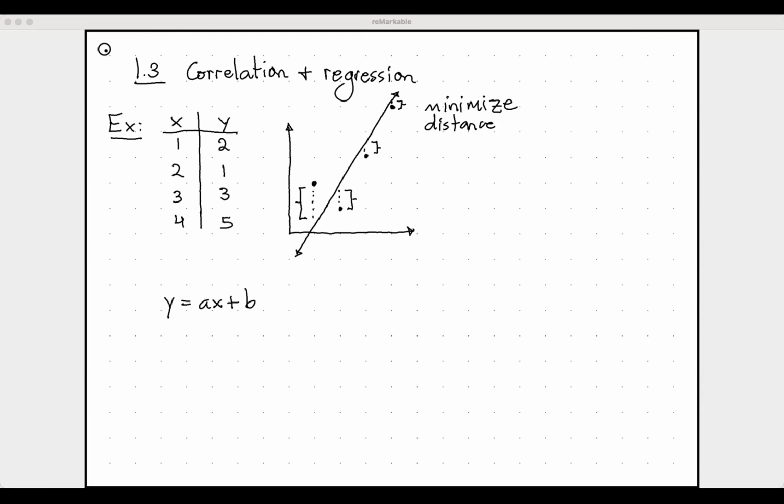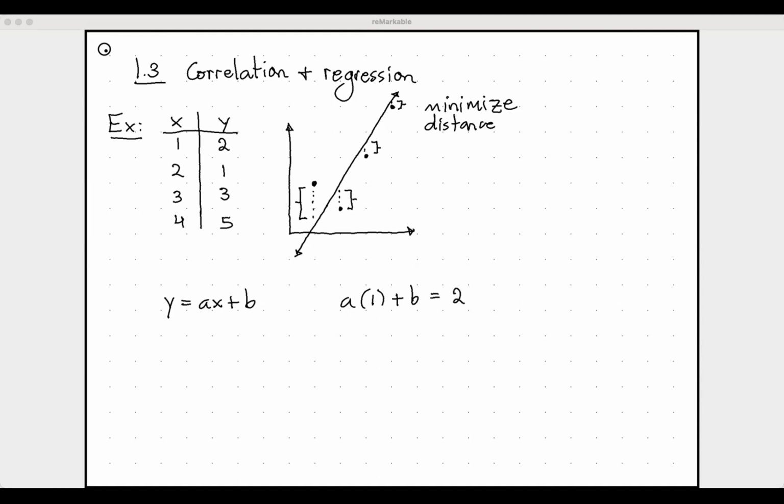But ideally, if I have the correct A and B, when I plug in the X values in my data set, I should get the Y values, right? If the line actually touched all of those points, then looking at the first row of my data set, A times the X value, which is 1, plus B should equal the Y value, that's 2.